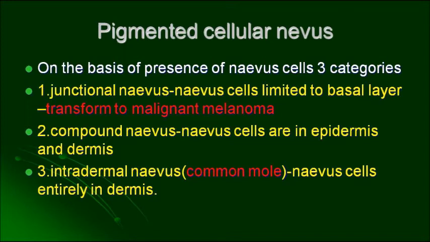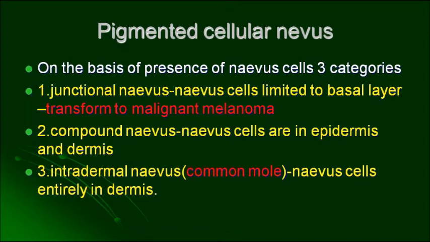They have a high chance of transforming to malignant melanoma. Among the three different types of nevus, the highest chance for transformation into a malignant disease, that is malignant melanoma, is junctional nevus. So junctional nevus transforms into what? Malignant melanoma. Note that point, it is very important.